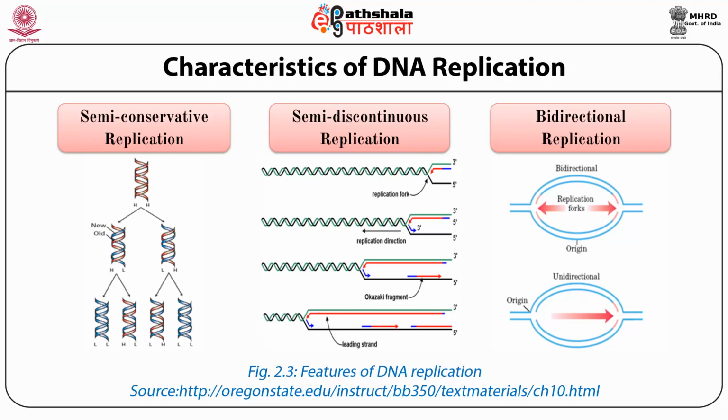Now, in case of DNA, the two strands are present in antiparallel orientation, which means that in the DNA duplex, one strand is present in 5' to 3' orientation, while the other strand is present in 3' to 5' orientation.